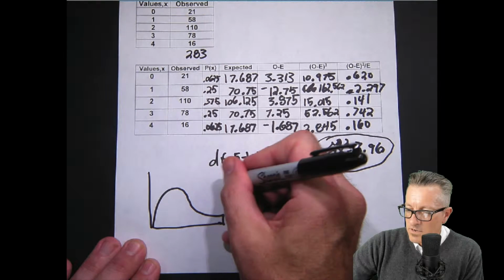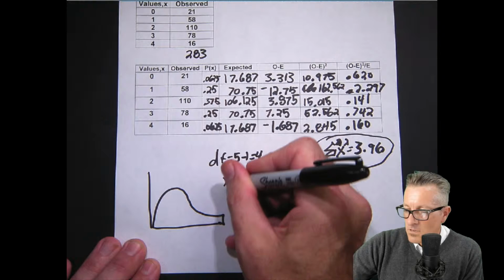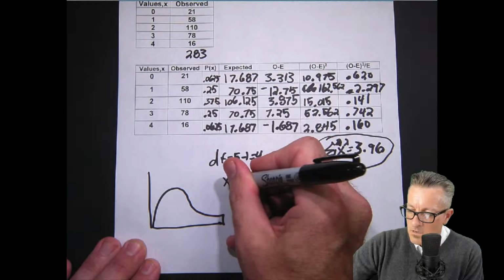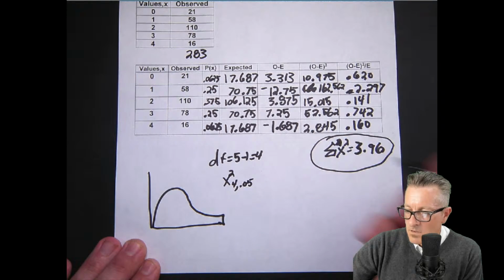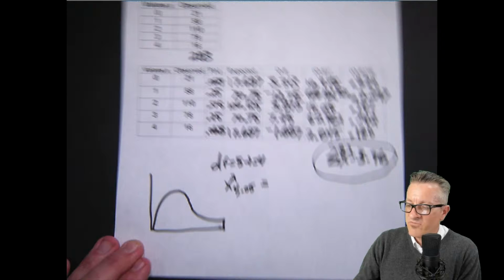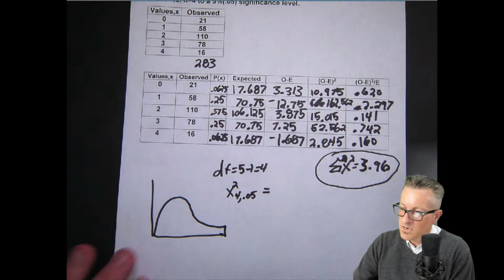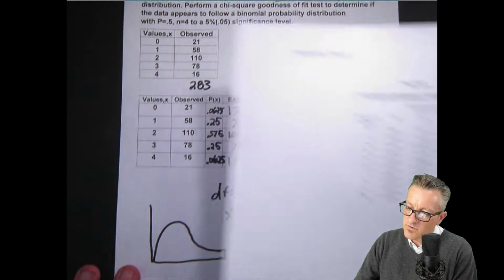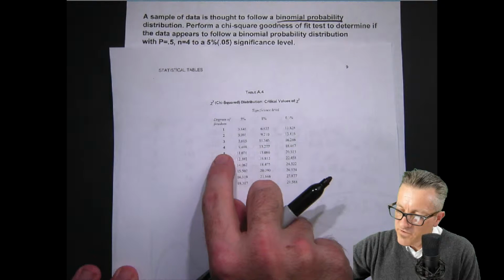So our critical value is going to be degrees of freedom 4, 0.05. I'll grab the chi-square. So that's degrees of freedom 4 and 0.05.